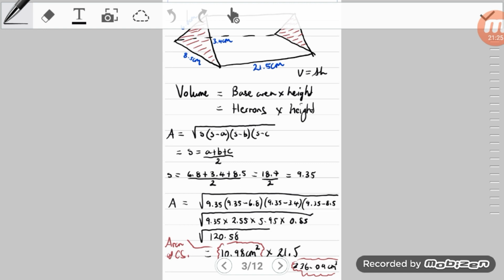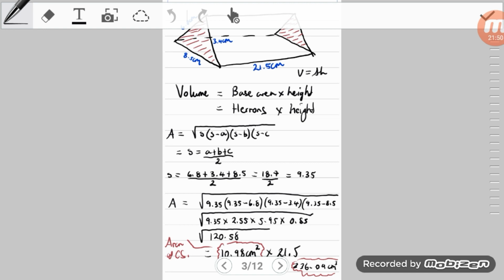Let's double check that and make sure that we are on the right path. That's 10.98 multiplied by 21.5. It's 236.07 actually, that's what we got. Well, it's 09 because I had used a lot of decimal places. So 09, 07, 08, we are within a range. So let's just work with 09 as we have it here.